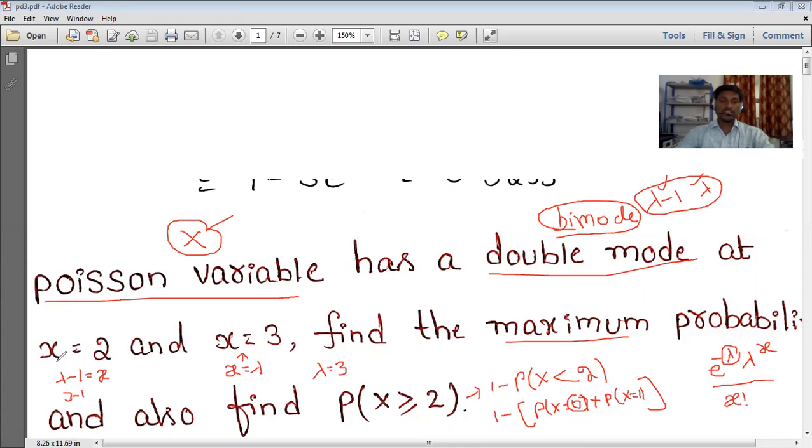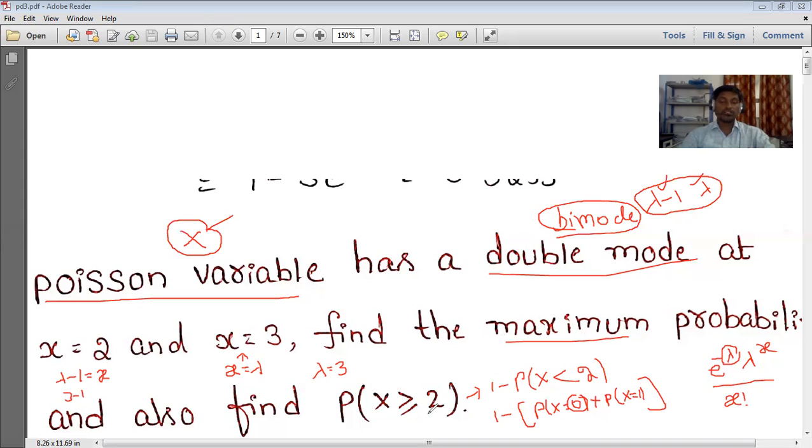Based on the given information, we compare these two, and lambda is equal to 3.